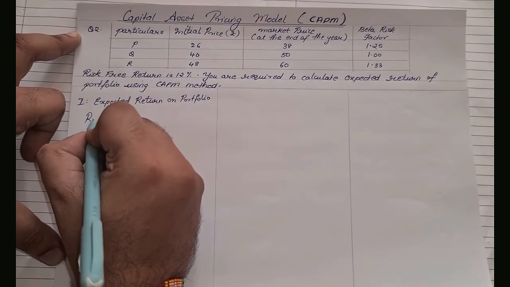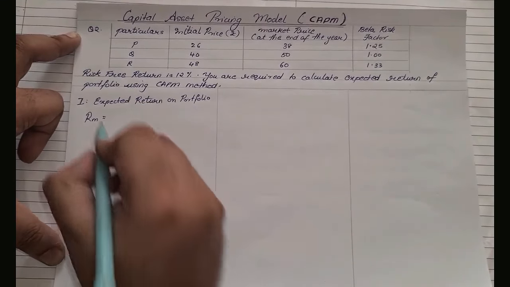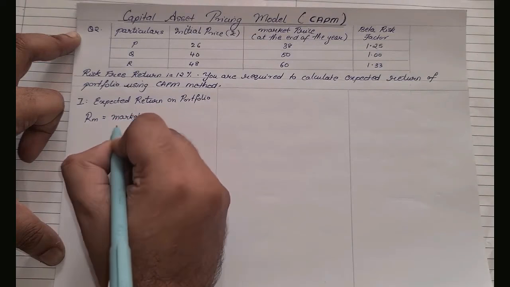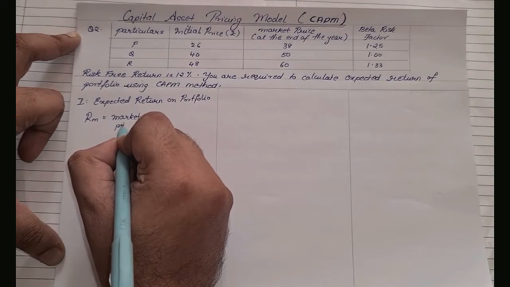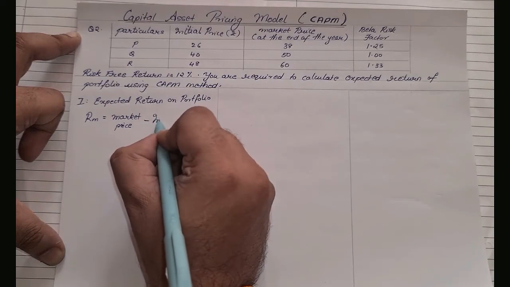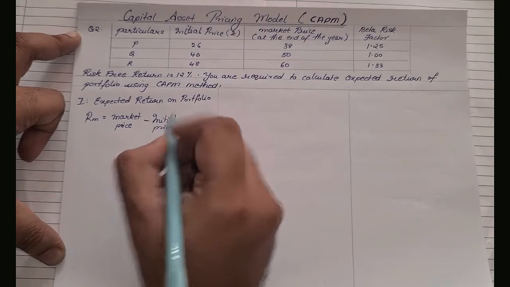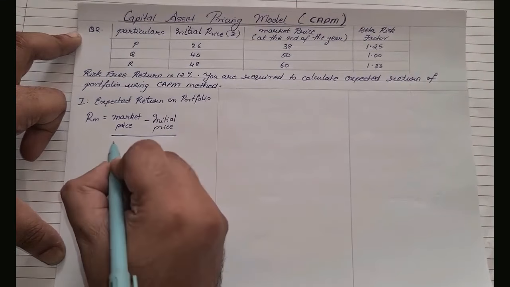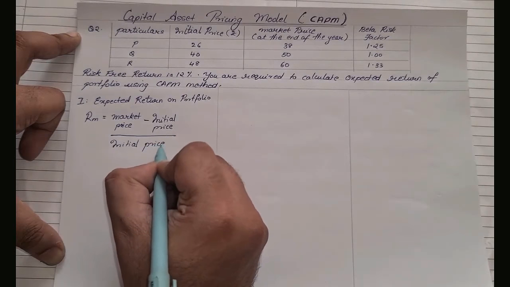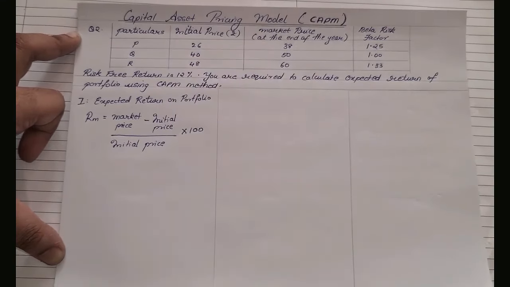Okay, so my market return is equal to market price less initial price upon initial price into 100, because we have been given market price and initial price.